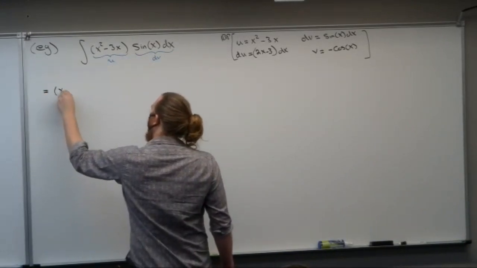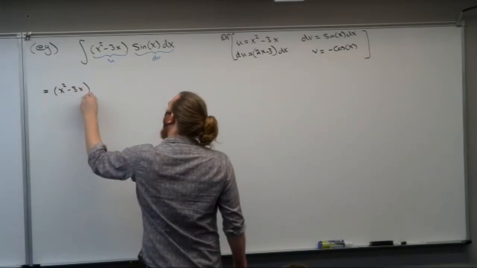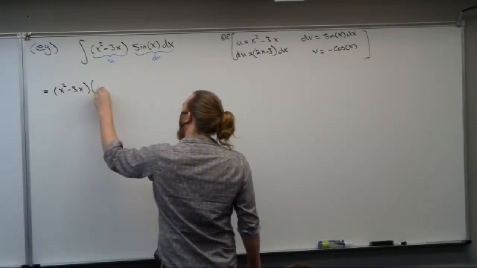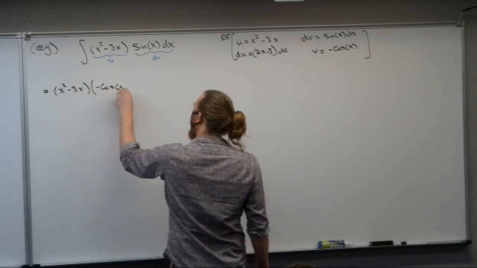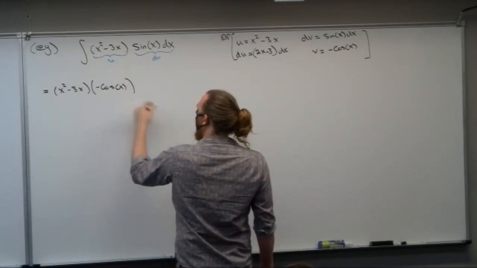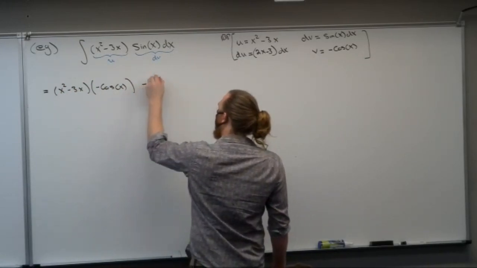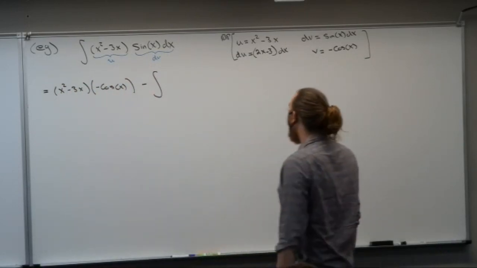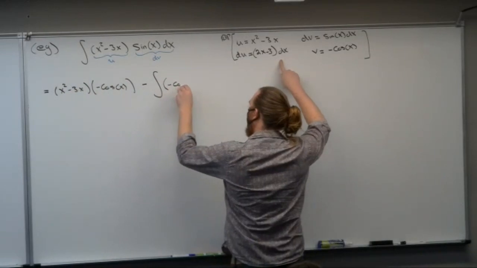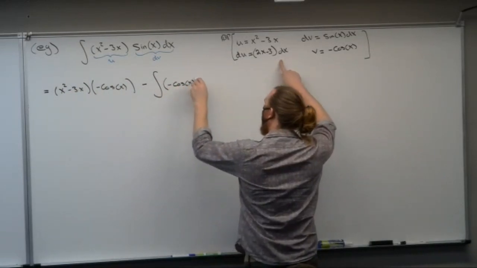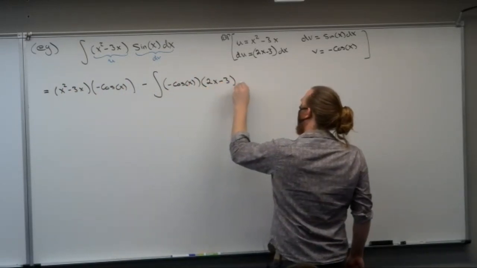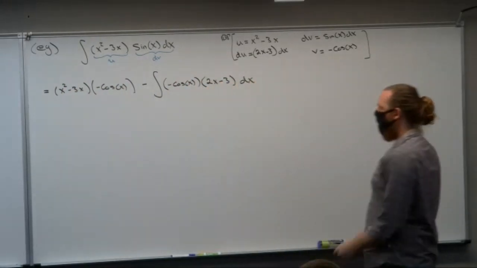That's x squared minus 3x times negative cos x, minus the integral of v times du: negative cos x times (2x minus 3) dx.